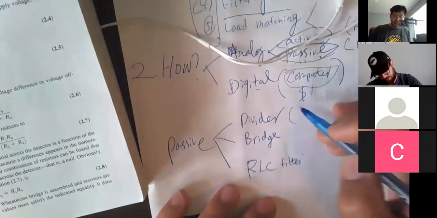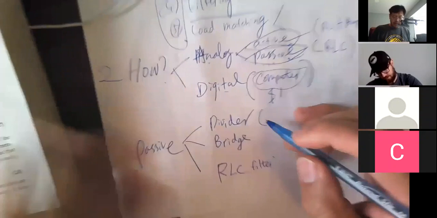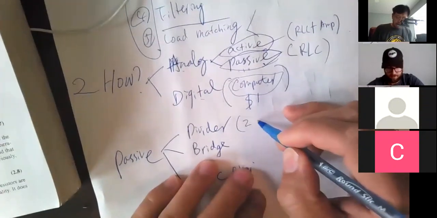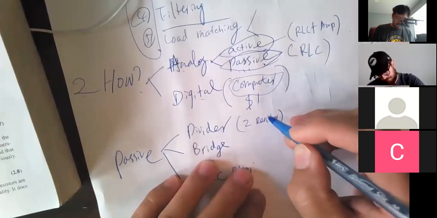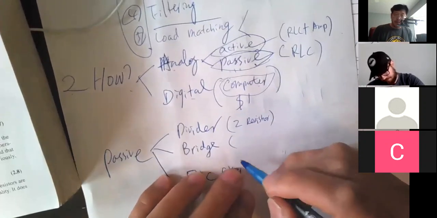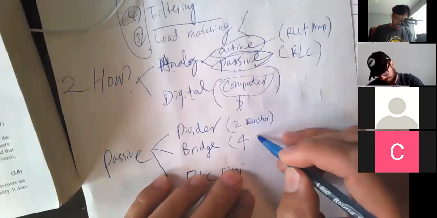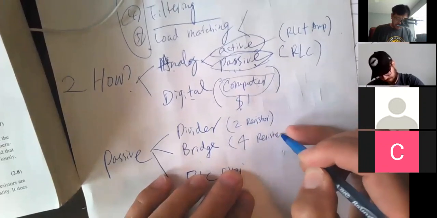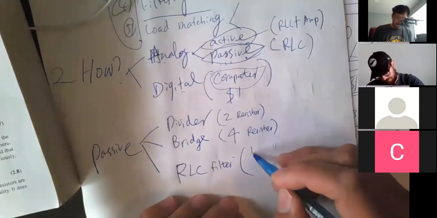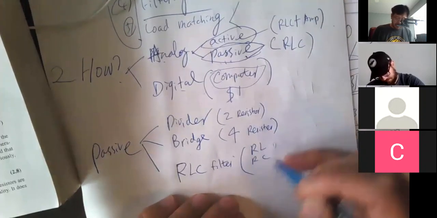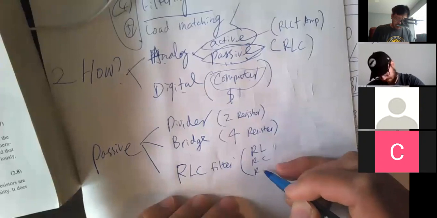What is a divider? A divider is 2 resistors. What is a bridge? 4 resistors. What is RLC? It can be RL, RC, or RLC.